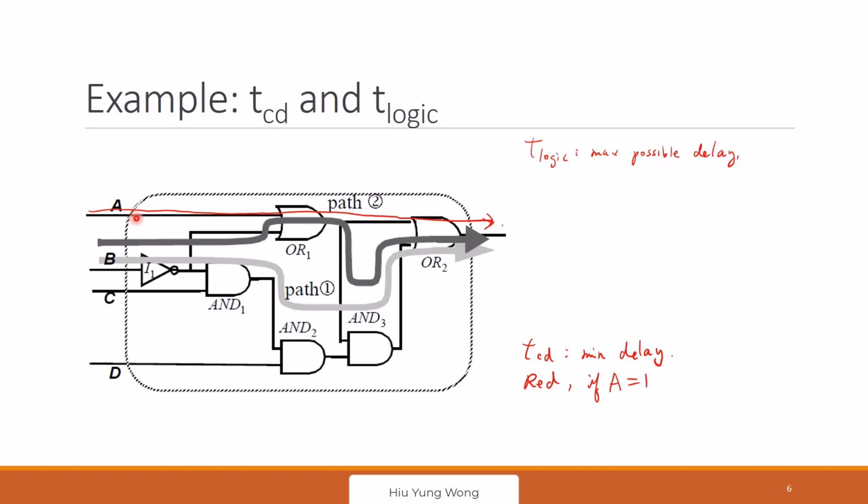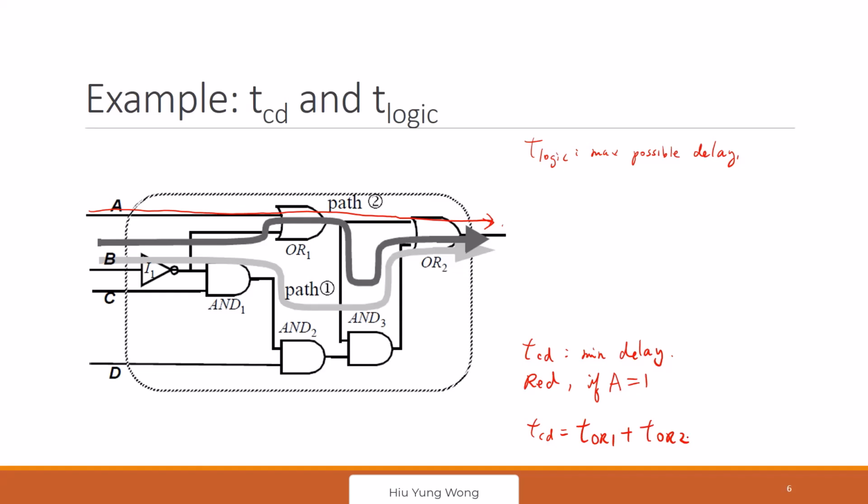If A is 1, I really don't care what happened to others. So in the worst case, this guy can really arrive very fast. The contamination delay is as short as the delay of OR gate 1 plus the delay of OR gate 2. Is this okay? When A is equal to 1, then we are done.